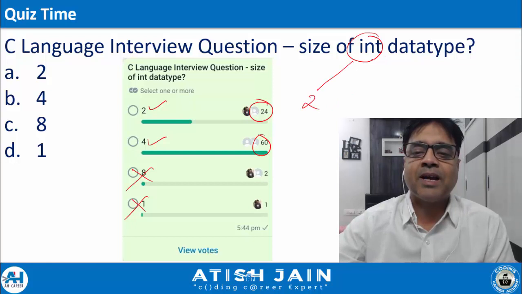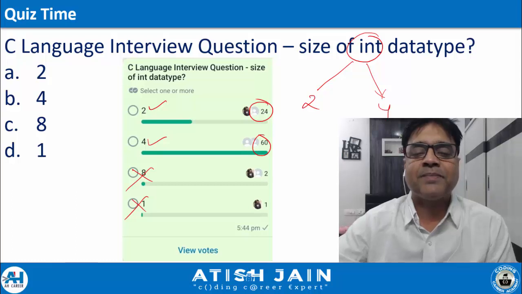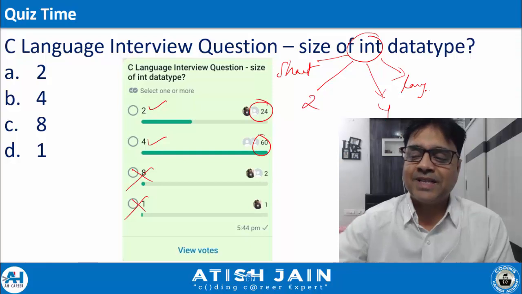But the same int data type on a modern compiler like GNU GCC, means if you are executing the program on C Free, Code::Blocks or Dev C++, then you'll get the answer as 4 bytes. Means by default, the traditional 16-bit compilers consider int as short type, whereas modern compilers consider int as long type. Is it clear?